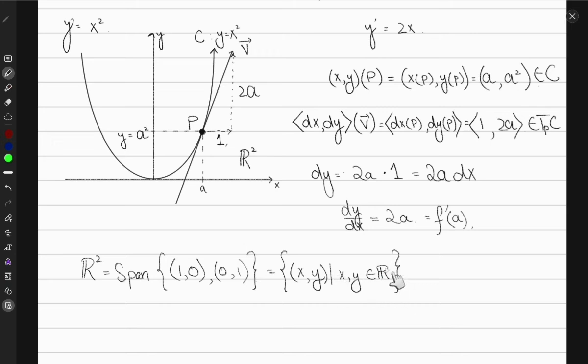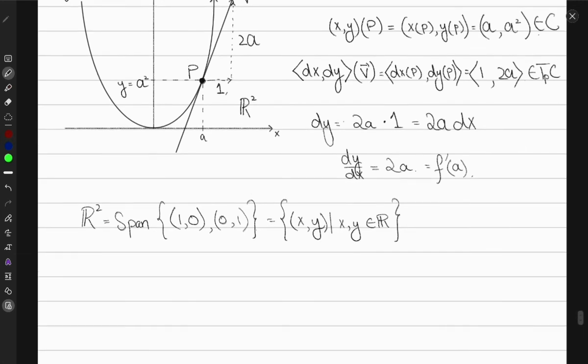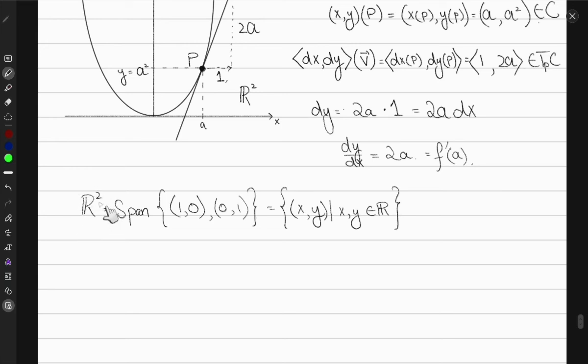Individually, right? So x is one dimension, belongs to R1, y belongs to again R1, and they combine together to form R2.